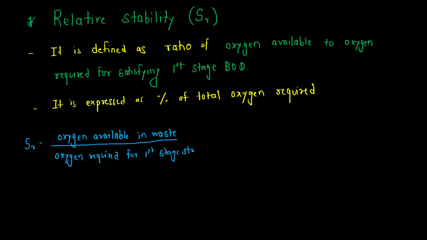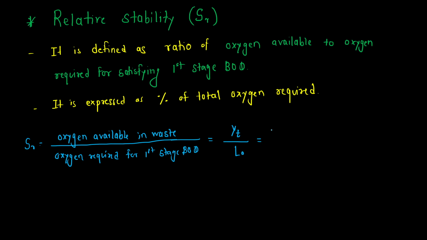First stage BOD, that means oxygen required for the total oxidation of biological content or organic content. So we can write it as YT divided by L naught.